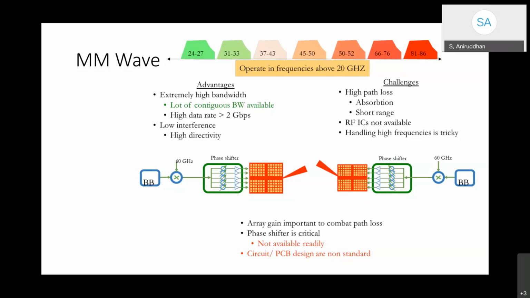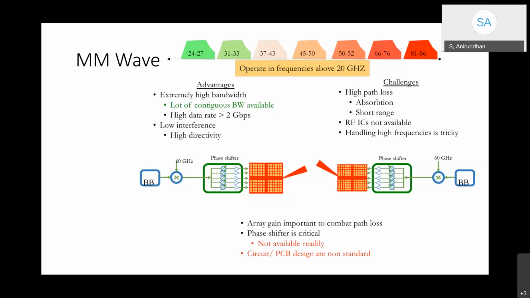Now, a lot of these bands are actually used for applications in military and in space communication. So sufficient care will have to be taken to make sure that you do not interfere with those types of uses, because those are the primary uses that have been historically applied to these bands.